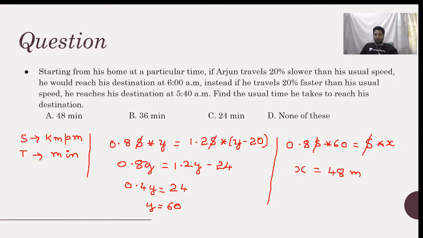Therefore, Arjun takes 48 minutes to reach his destination at his usual speed. At his usual speed, he'll take 48 minutes to reach his destination. Is that clear? Getting that?